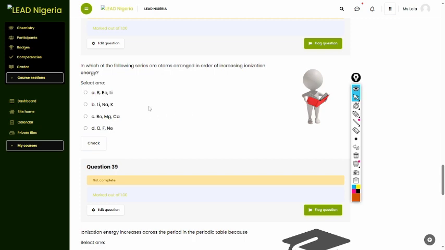As the group increases, the nuclear charge also increases. The number of protons in the nucleus also increases. This is because the atomic number increases. And as the nuclear charge increases, it has a very strong attraction to the electrons on the outermost shell.